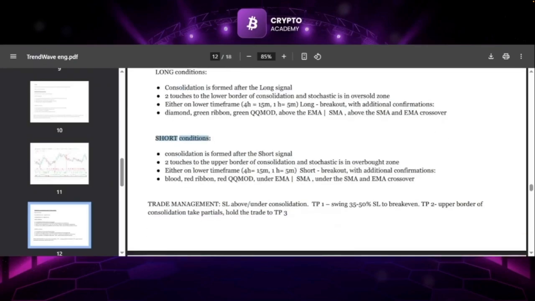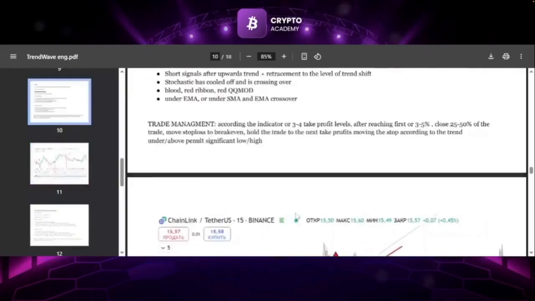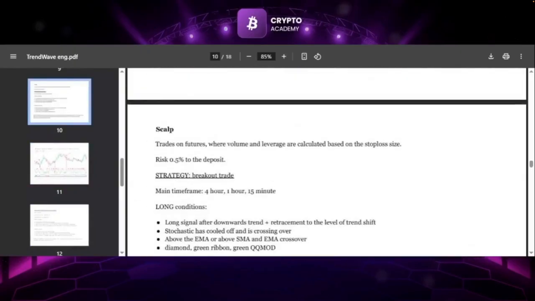It can work for long, and for shorts, we need the following conditions. We see a breakout on short consolidation, with confirmations on a lower time frame. Be sure to follow the trade management rules and remember that risk for scalping should be reduced.